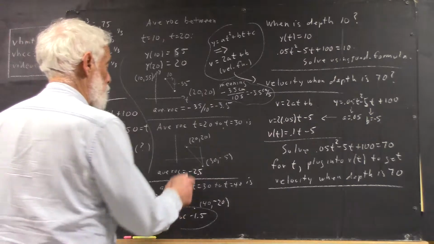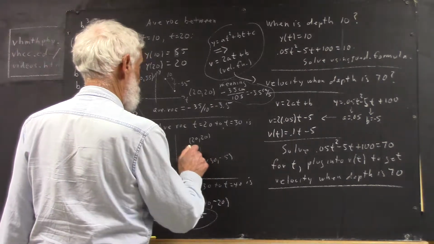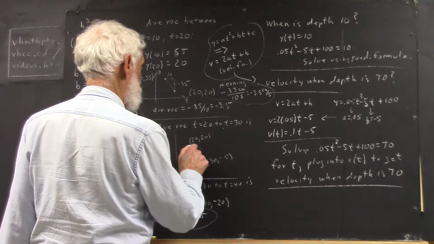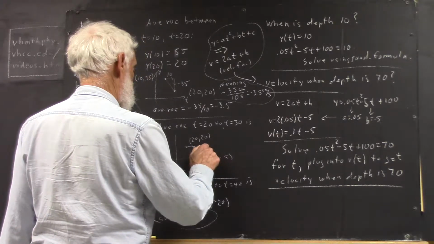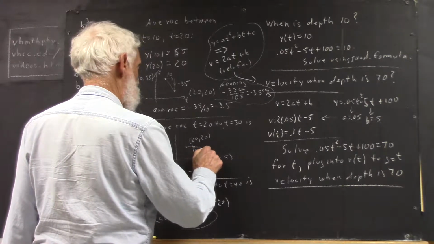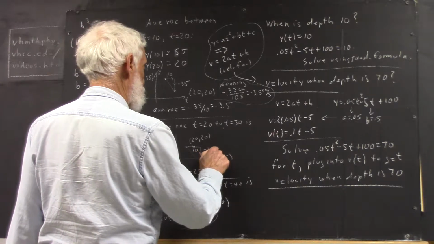So the rise from 20 to 30, the run is 10. The rise is −25.